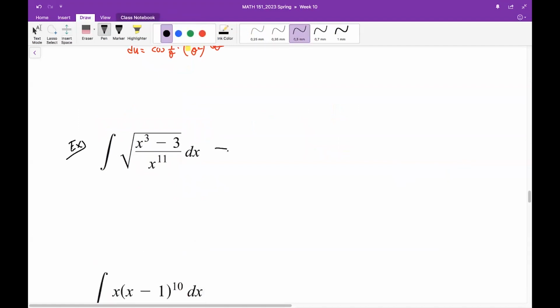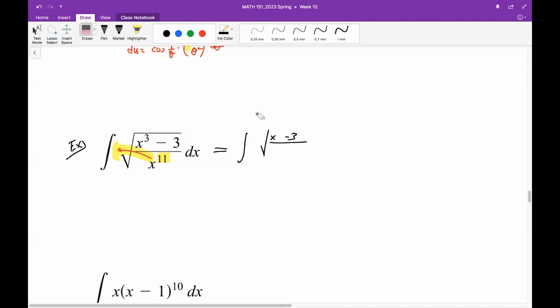Okay, this time, before choosing your substitution, I think we need to rearrange the terms a bit because we have a very big power here which can be taken out from the square root. So let's first try to decrease this power by taking it out of the square root.